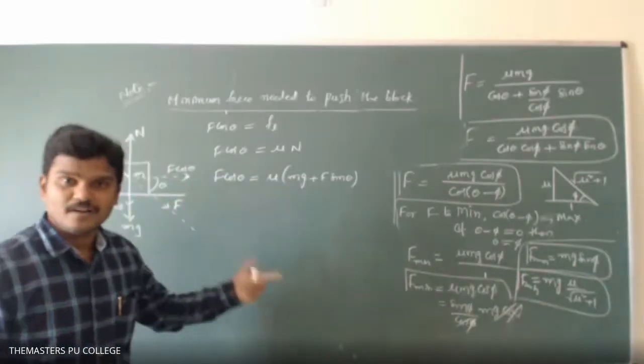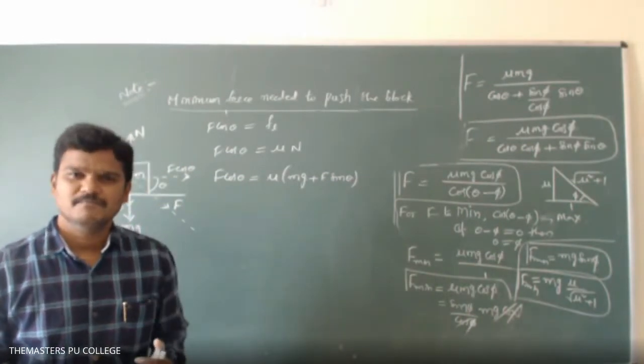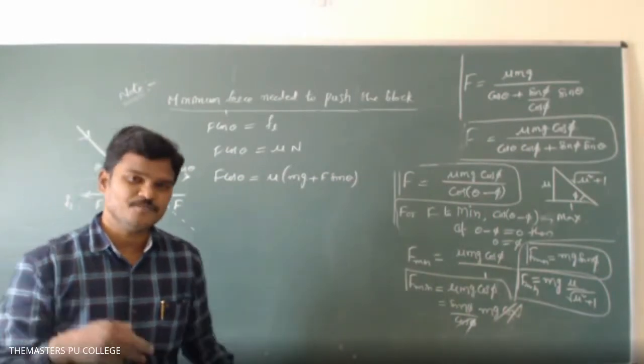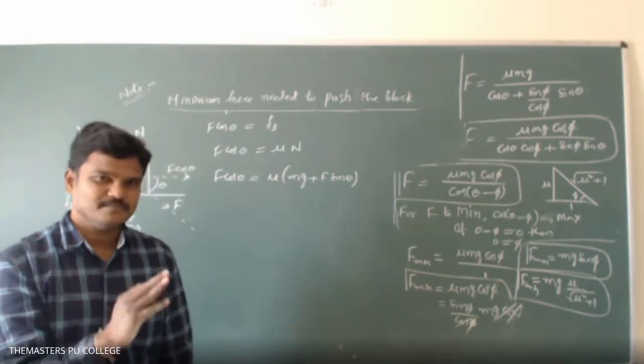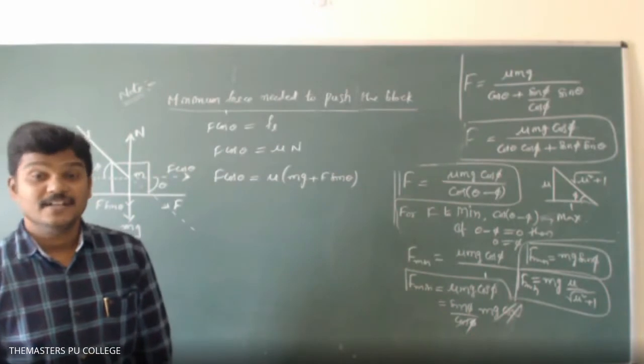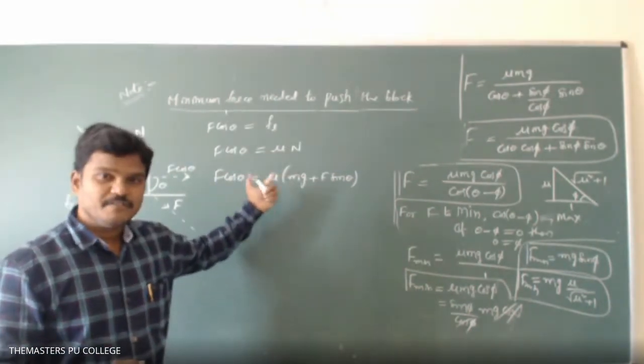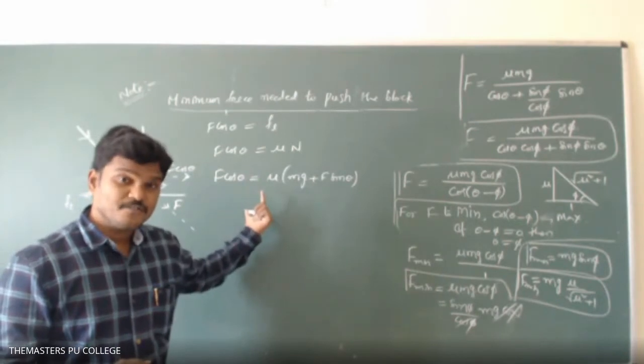In case of pushing the block, the frictional force is more. In case of pulling the block, it is negative, which means less. So here the frictional force is more, and in the previous case it is less.